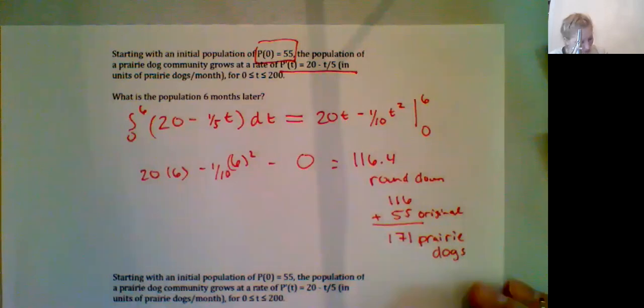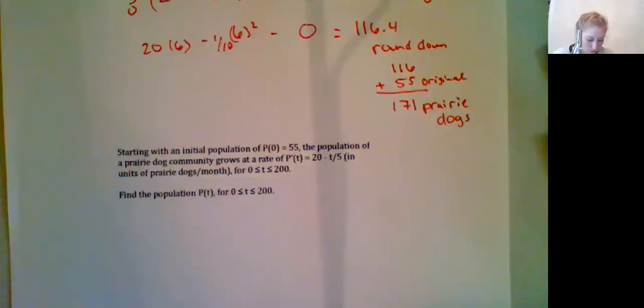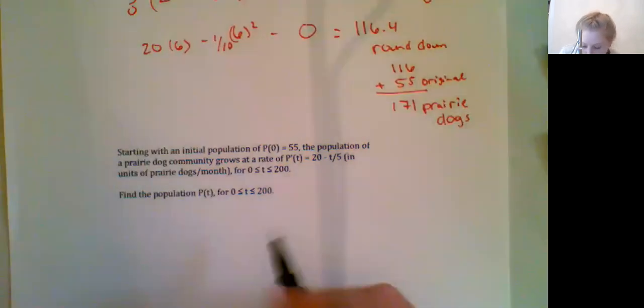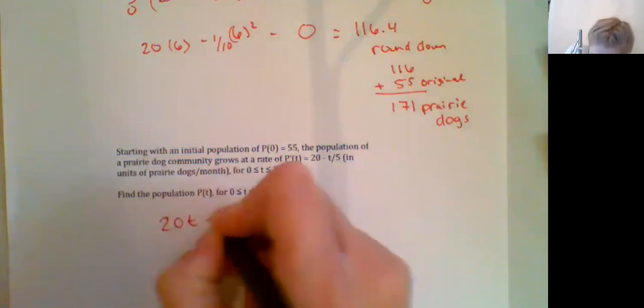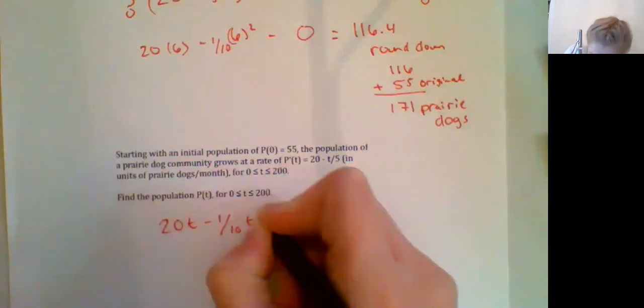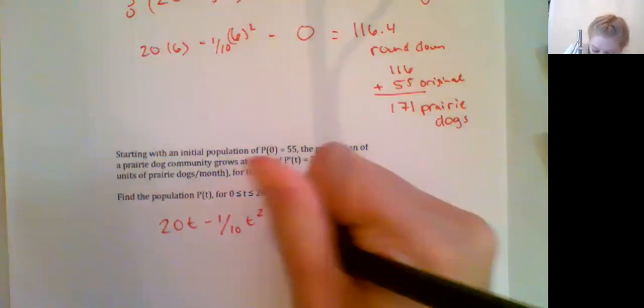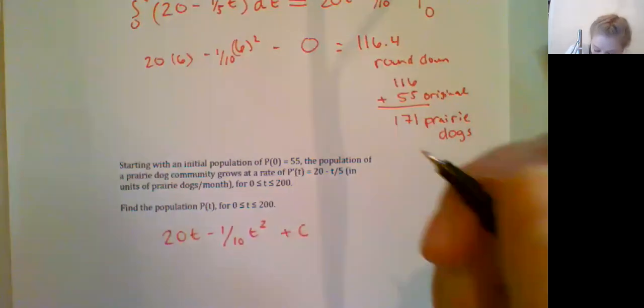Now the next question just wants us to find a generic equation that would work for all the prairie dogs. Essentially, we already did the hard part. Initially, we had how many prairie dogs? 55, right?